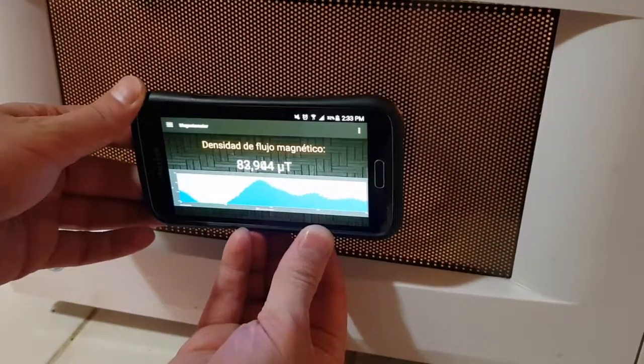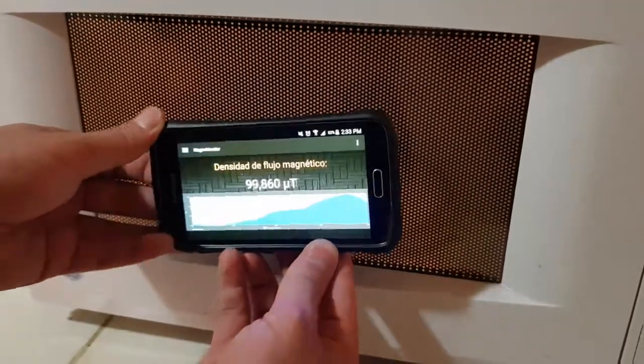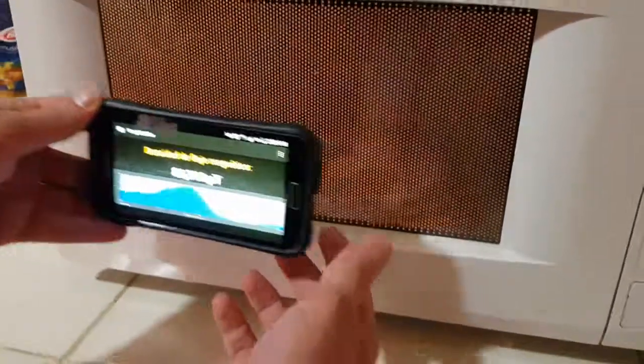Mira, hay una variación ahí. ¿La ves? Sí.